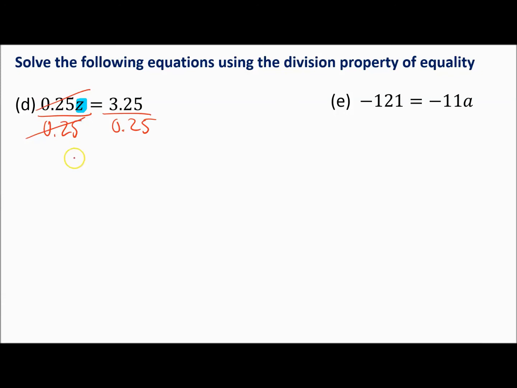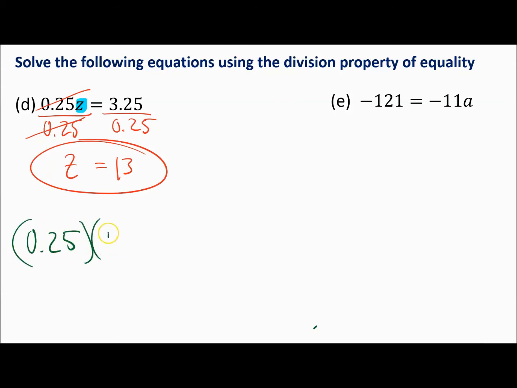Those cancel to leave me with z on the left. And then in your calculator or using long division, remember we talked about that in the decimal section, 3.25 divided by 0.25 is 13. Okay, so I get z is equal to 13. That is my solution, but just to check to be sure, in my calculator, I'm going to type 0.25 times 13 to make sure that really is 3.25.